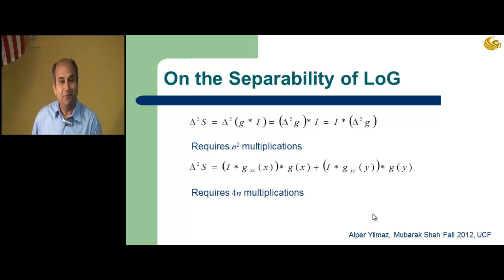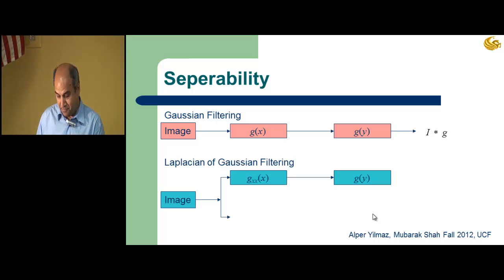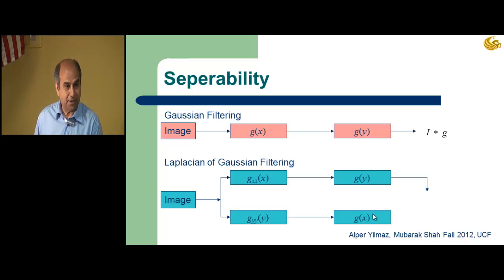Okay, so tell me which is correct, which makes sense. This one? How about anybody else? Any other person? This one is correct? Yes. I think this one is correct. Because when you find the first derivative of Gaussian with respect to x, second derivative of Gaussian with respect to x, of course you need to apply the gxx, which is correct, in the x direction.